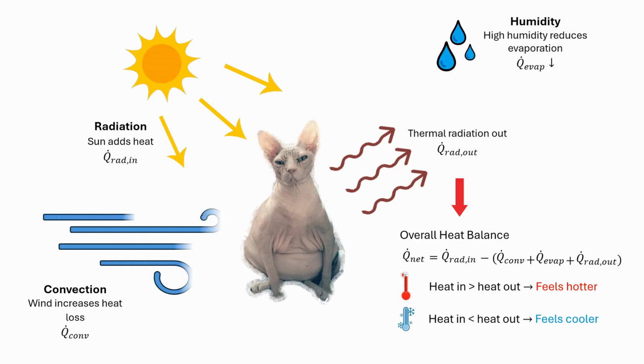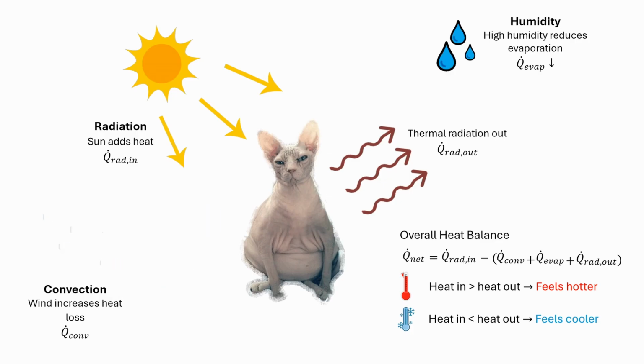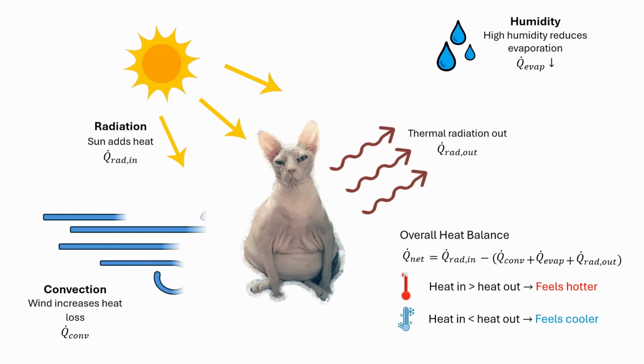Qnet equals Qradin minus the sum of Qconv plus Qevap plus Qradout. In this equation, the heat entering the cat comes directly from the sun. The heat leaving the cat escapes through convection, evaporation, and the body's own outgoing thermal radiation.